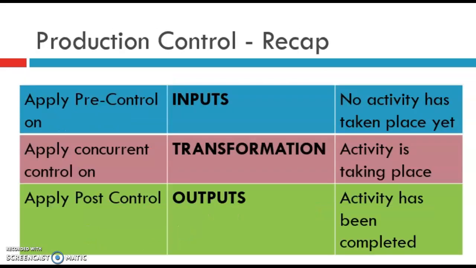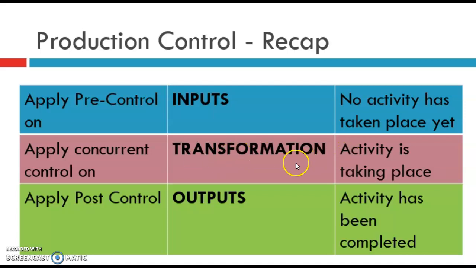So just to recap, when we're talking about pre-control, we're talking about using the inputs, all the raw materials that we get. So no activity has taken place yet. When we talk about concurrent control, it's about that transformation phase when your raw materials are being transformed using a recipe into a final product.